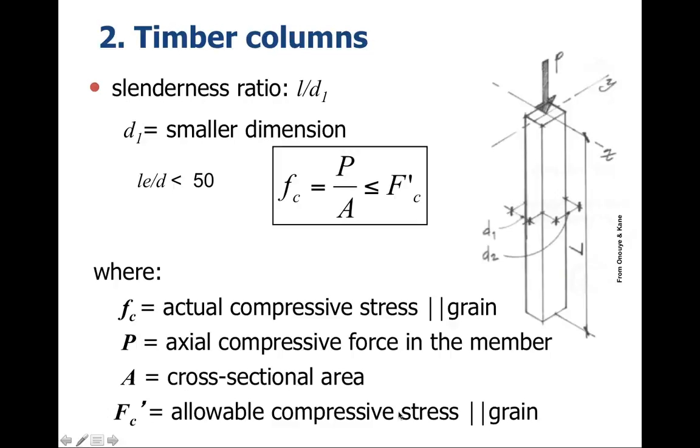So here we have the factors that come into play in this, F sub C being the compressive stress parallel to grain, P being the axial force on the column with the load, A being the cross-sectional area, and F sub C prime, as it's shown in this formula, the allowable compressive stress, and that's a factor that can be looked up in the wood handbook or something of that sort.